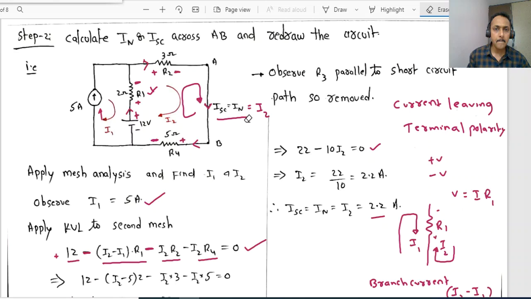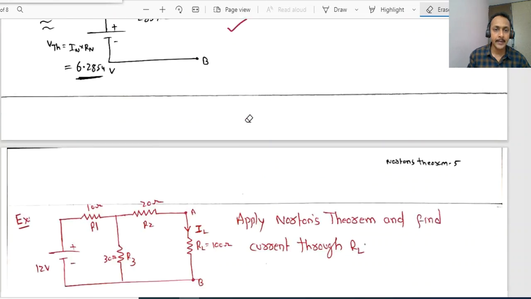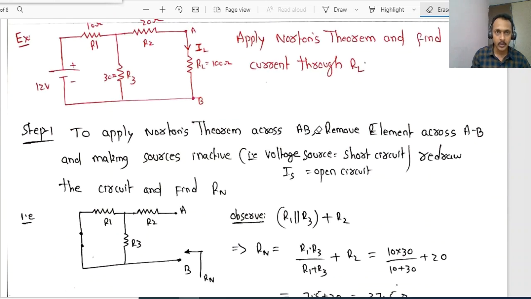Now we want to remove that element across AB, whatever element is there, and find out the Norton's equivalent first, and later we can add that RL to the equivalent circuit. That is important. Clear? We are asked to apply Norton's theorem across AB.